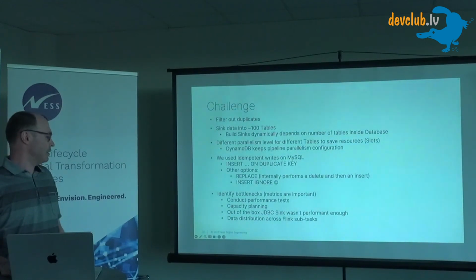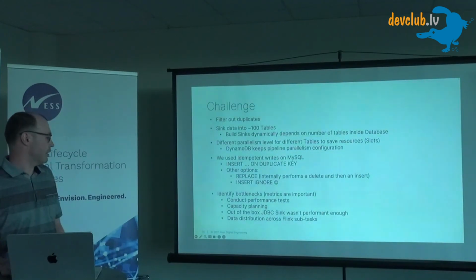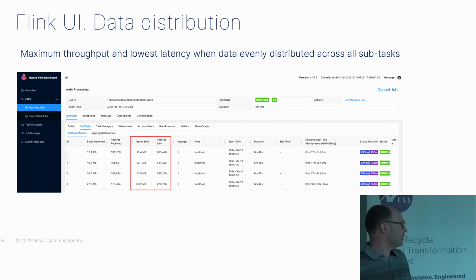Yeah, and we were also interested in data distribution across Flink subtasks, so let's talk about it a little bit. The important thing about data distribution is that if you get your data distributed more or less evenly, you will get maximum throughput and the lowest latency. This is just an example of the Flink UI.